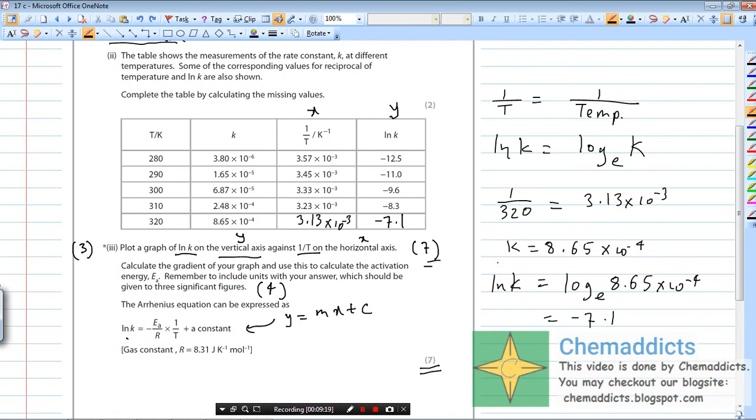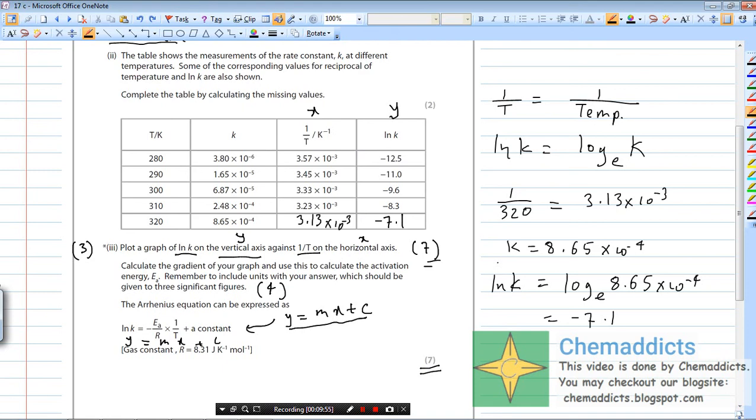Where y is equal to ln k, m is equal to minus Ea by R, and x is 1 by t. Since this is identical to the equation of a straight line, we can plot a graph of 1 by t on the x-axis and ln k on the y-axis. This is how we are going to do it.